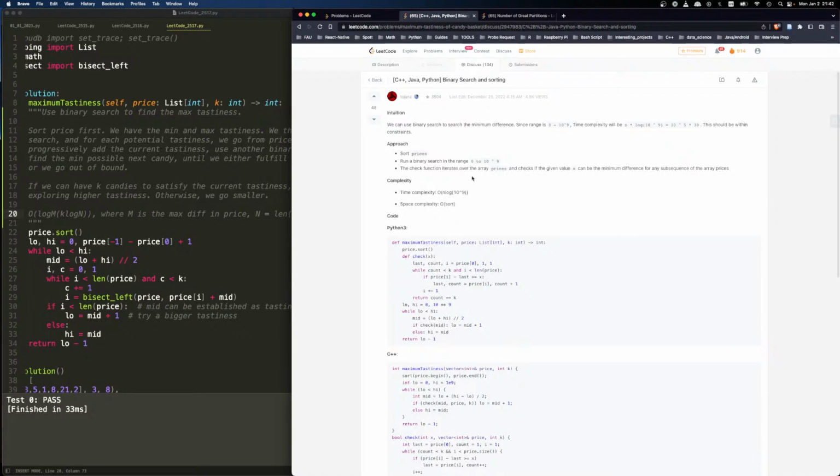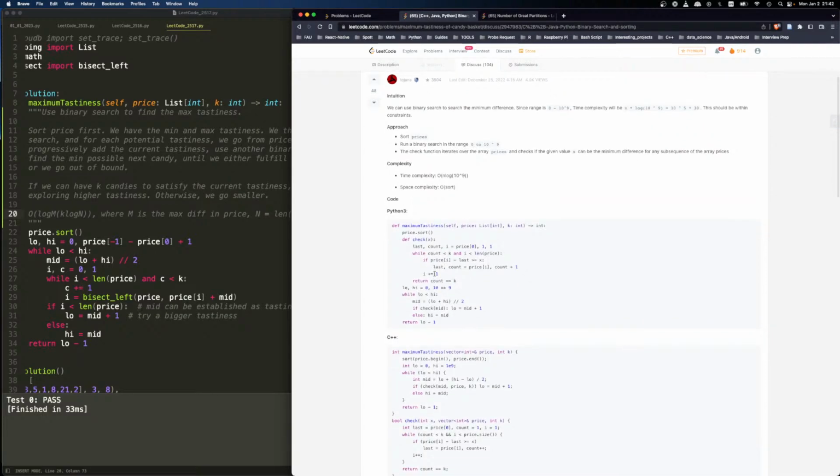Binary search. Oh, it goes right through everything one by one.